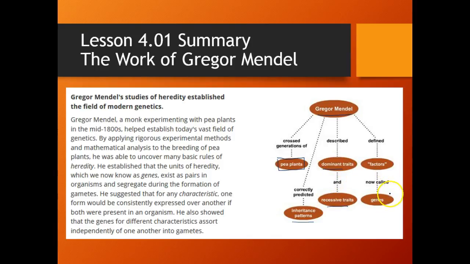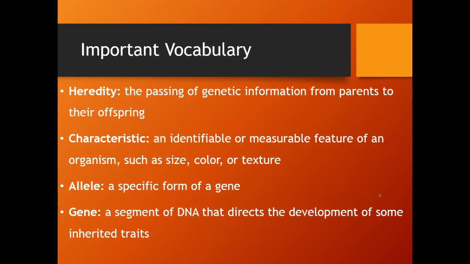And he actually came up with a concept of genes and how specific factors or units of inheritance can be passed on from parent to offspring, and that was very revolutionary at his time. So here's some important vocabulary you need to know.